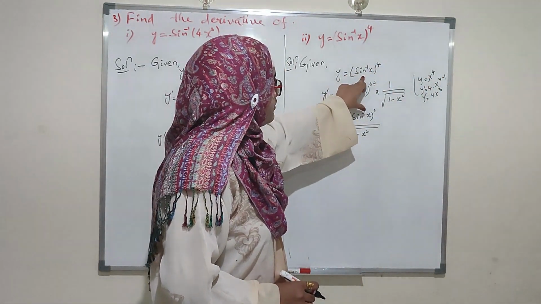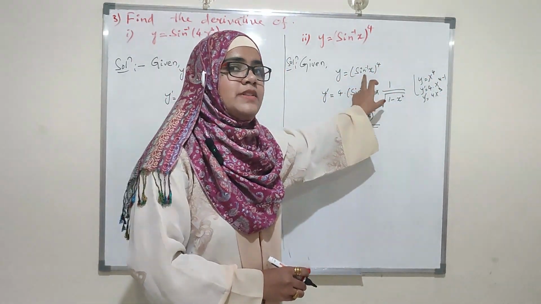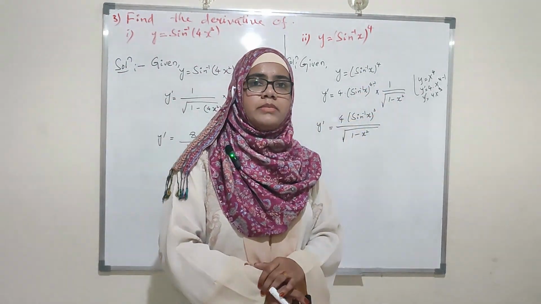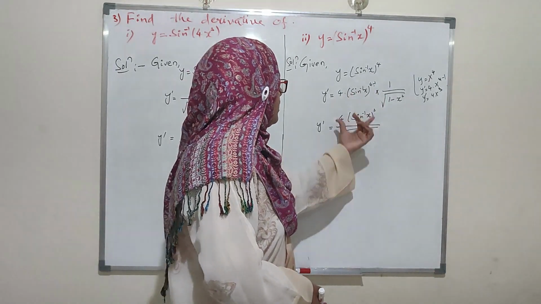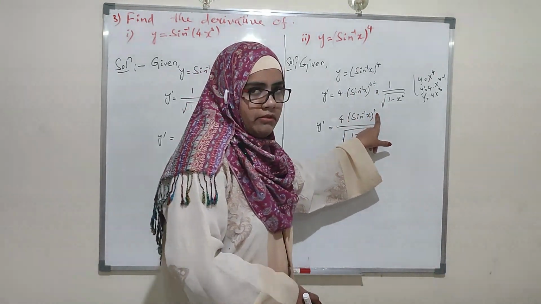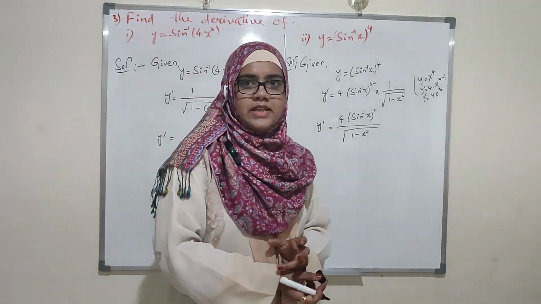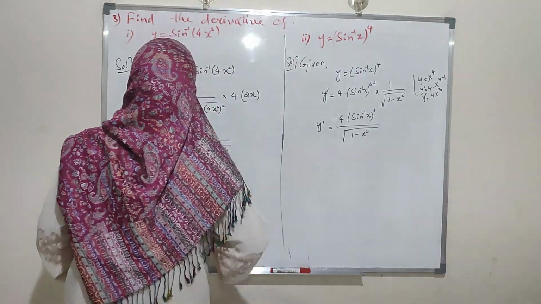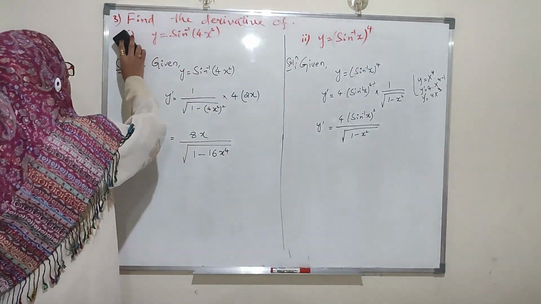Then go for the differentiation of sin inverse of x, which is 1 divided by under root of 1 minus x square. Then multiply, and we will get 4 into sin inverse of x raised to the power 3 whole divided by under root of 1 minus x square. Now write down another example.